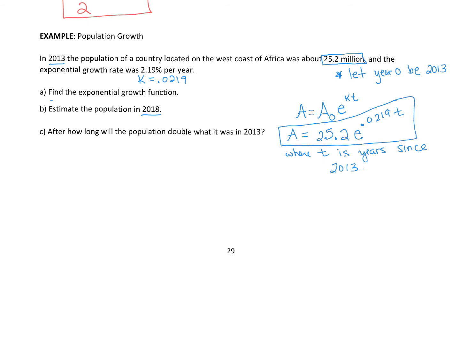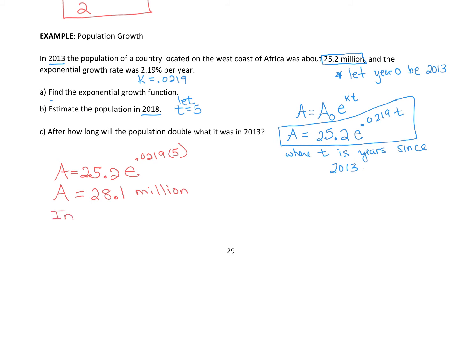To answer the second question, we want to know the population in 2018, which is 5 years since 2013. So what we're going to do is take our model and let t equal 5. So I'm going to say A equals 25.2 e to the 0.0219 times 5, and I'll use my calculator, and we'll get 28.1 million, because that was the units that we were working with.